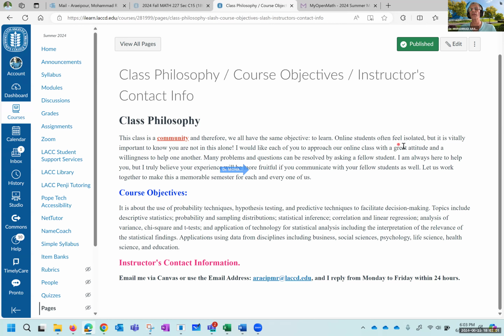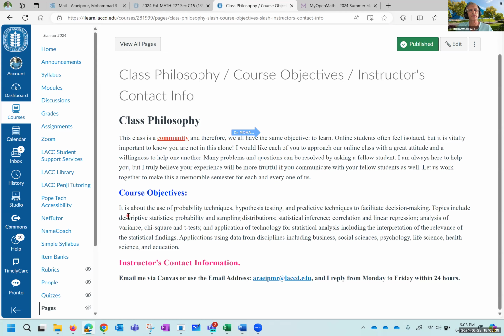Online students often feel isolated, but it is vitally important to know you're not in this alone. I would like each of you to approach your online class with a great attitude and a willingness to help one another. Many problems and questions can be resolved by asking a fellow student. I'm always here to help, but I truly believe your experience will be more fruitful if you communicate with your fellow students.